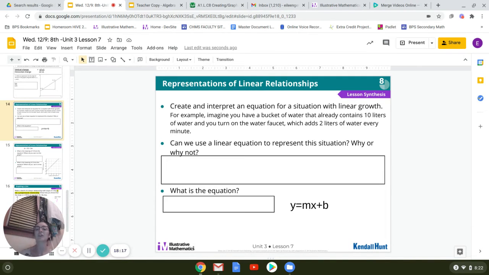Okay, we're going to take another minute to first decide, is this a linear relationship? And then I want you to think about how you might write the equation for this story. Okay, we're taking another 58 seconds, my friends.